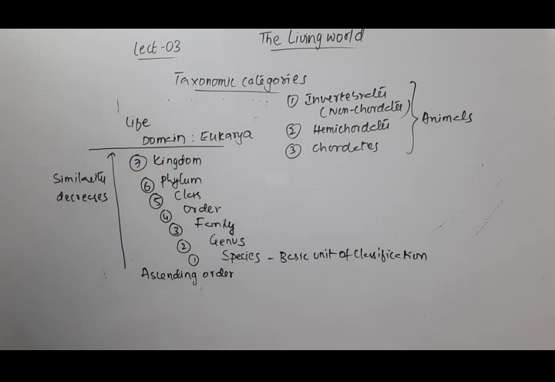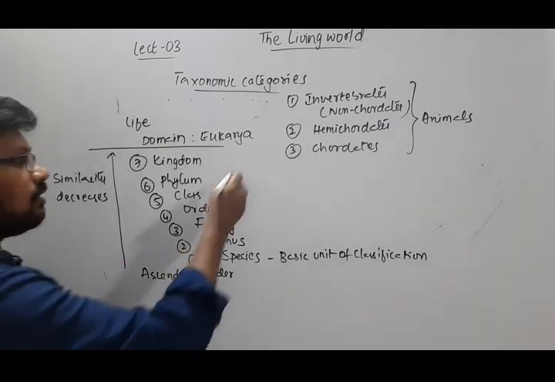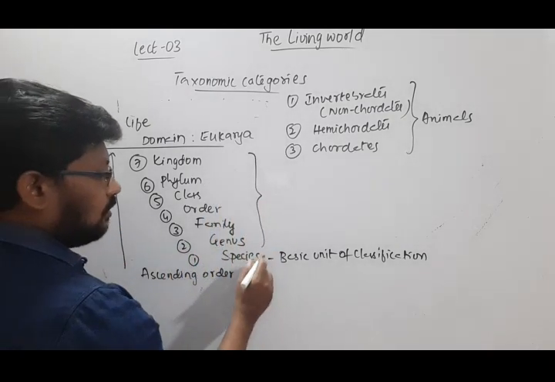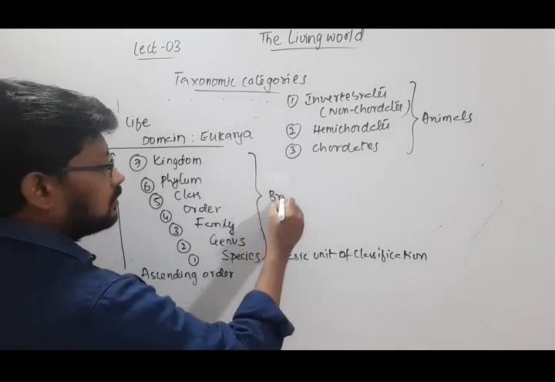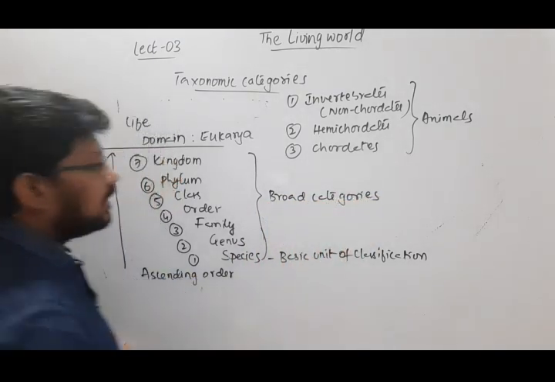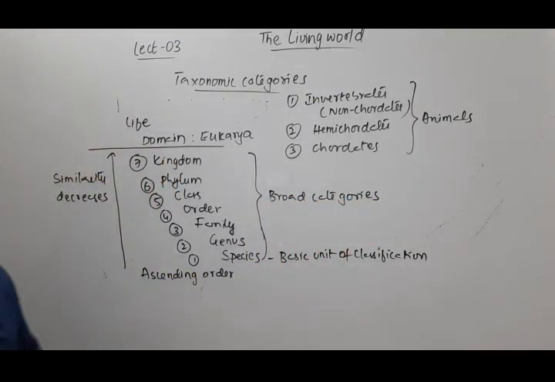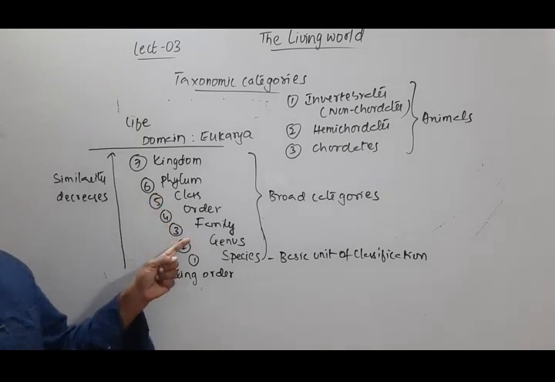So these are the seven obligate categories. I can say that these, from kingdom to species, are all broad categories. Because there are so many organisms, scientists have included subcategories.